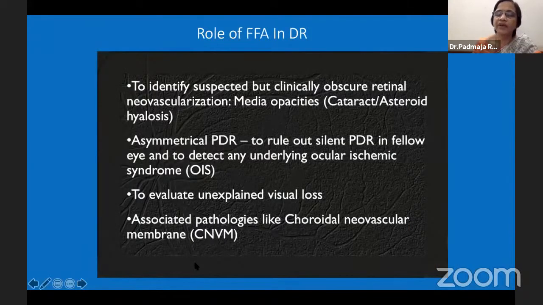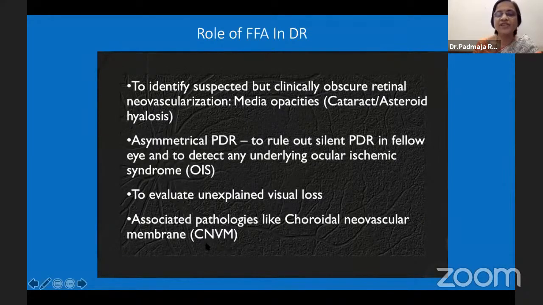Then when it comes to angiography, we need to understand that fluorescein angiography can be used whenever you have a media opacity, to know any proliferative diabetic retinopathy, or when you are having an asymmetric diabetic retinopathy, to rule out whether there is any vascular event like ocular ischemic syndrome, or sometimes the patient's vision is not correlating, when you're suspecting unexplained visual loss, when you're suspecting any macular ischemia, and also sometimes there can be an associated choroidal pathology due to AMD, which can be CNVM.